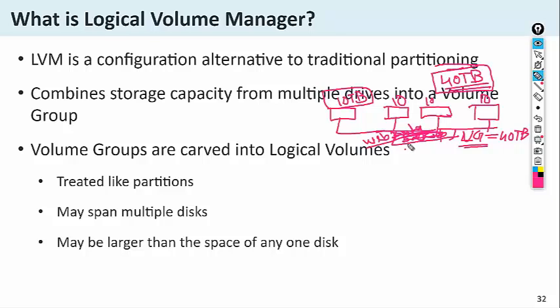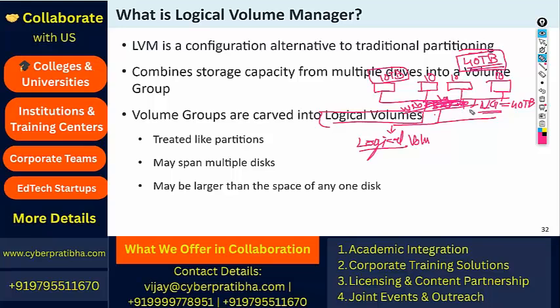Okay, now I need to do the partition in this group. I will do the partition in this group and these partitions will be the logical volumes. You will identify these partitions as logical volumes, inside the volume group whose total size is 40 TB.